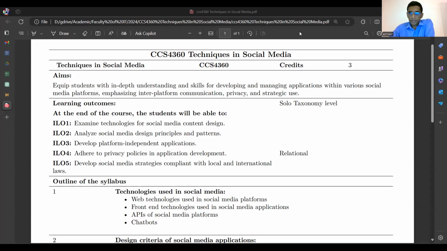Right. 9. Out of 16, only 9 people have done Python. What about the other people? What is the language you have done? Anyone done? Okay, you can lower your hand.